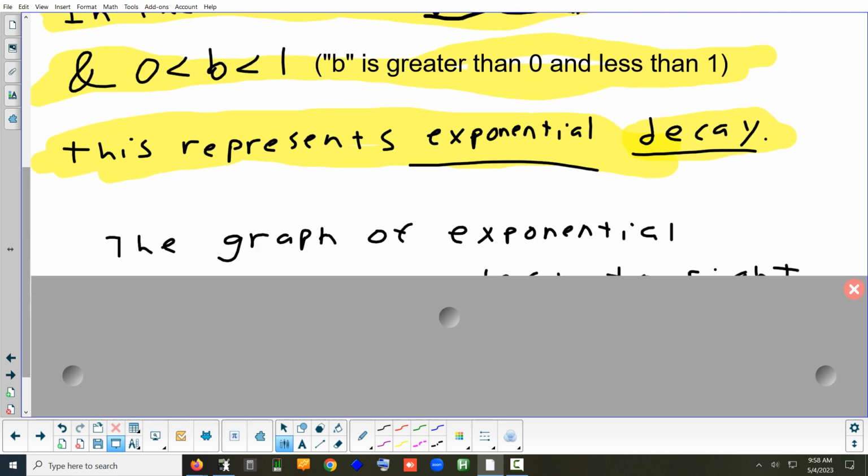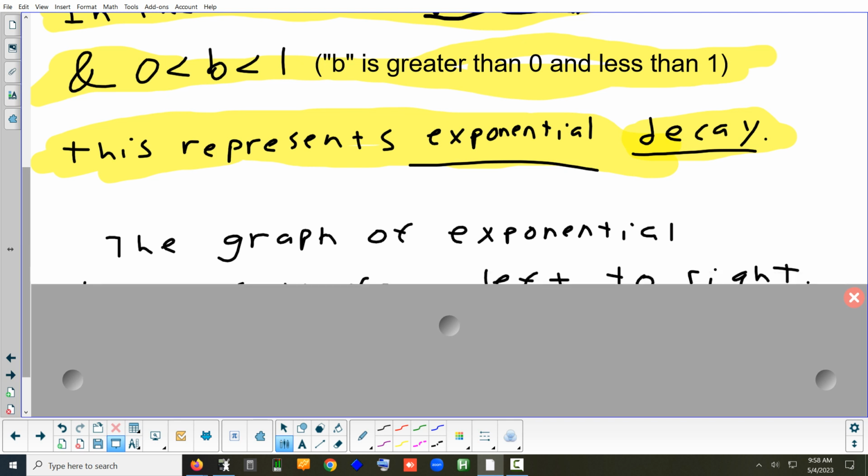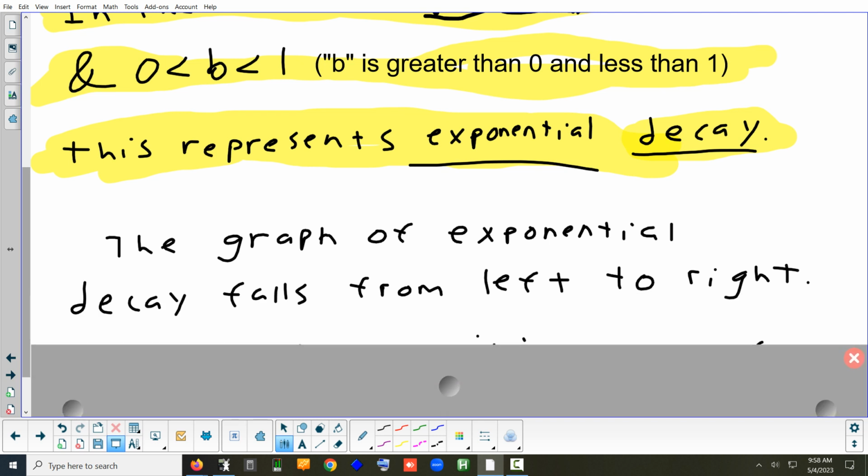So let's think about exponential decay. As you go to the right, what happens on an exponential decay graph? As you move right, yeah? It curves down. Okay? The graph falls. It goes down, right? So it goes something like that.